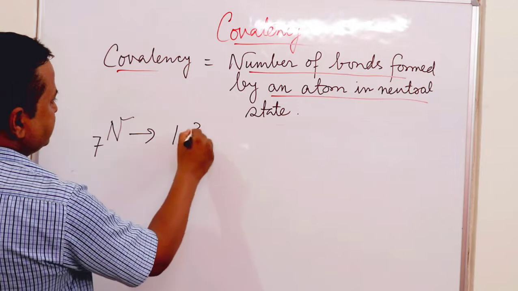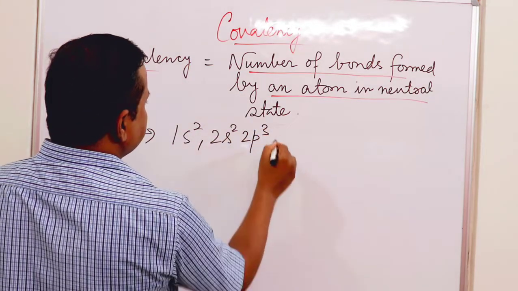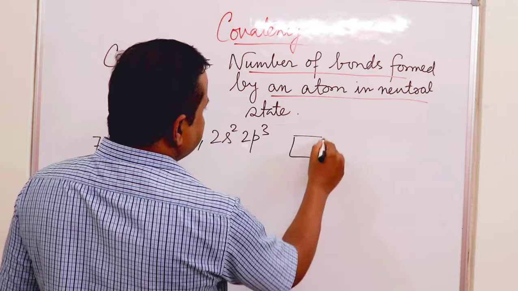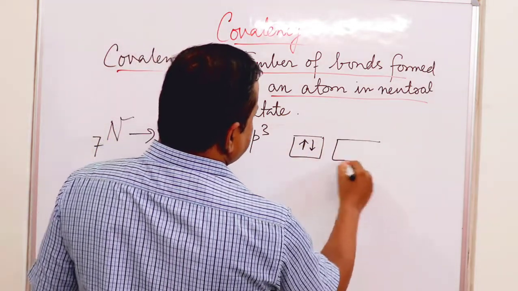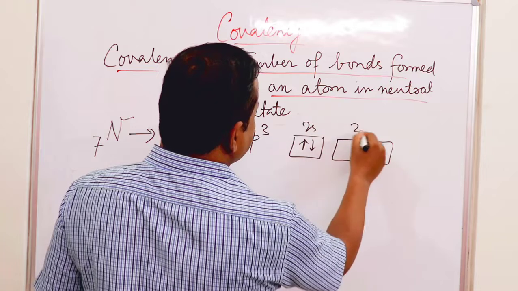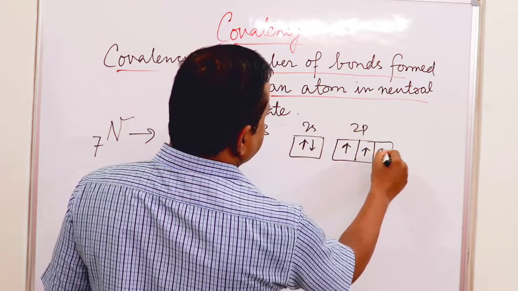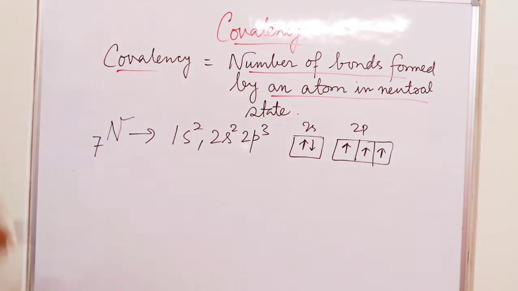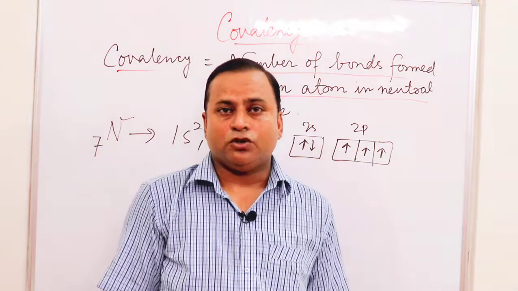Let us write its electronic configuration: 1s2, 2s2, 2p3. If we write the outer shell electronic configuration, it is something like this. This is 2s, this is 2p. Now one thing, nitrogen does not have any vacant d orbital.